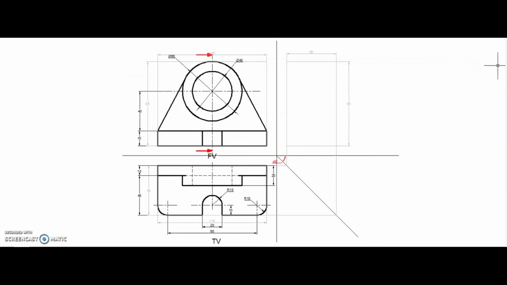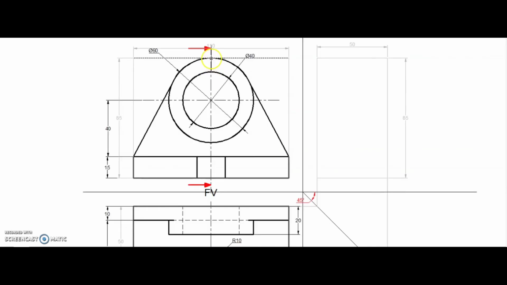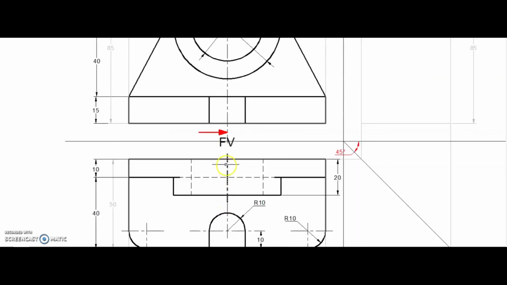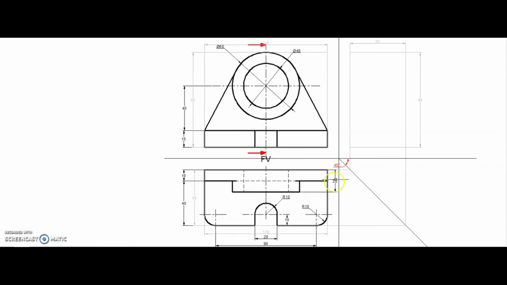Through this we'll draw a rectangle, because as this cylindrical ring is cut by the section plane, this will indicate the height of this rectangle, which is the difference of the radius of this circle and this circle. The outer circle radius is 30 and this is 20, so 10 millimeter height will be for that rectangle, and its width will be this dimension, which is 20 millimeter.